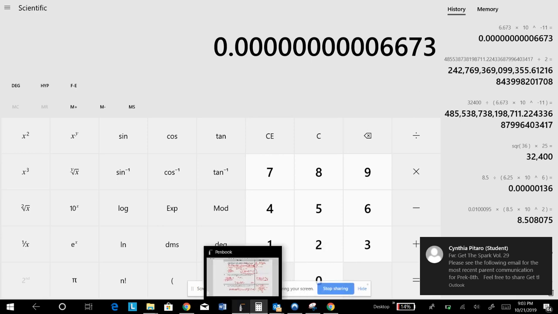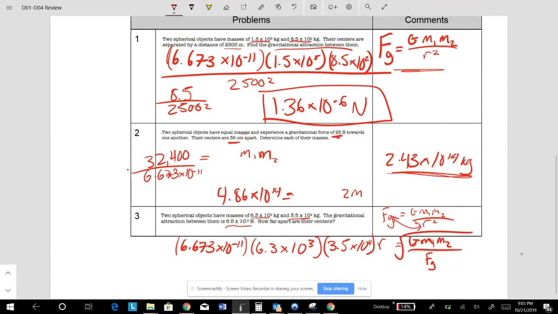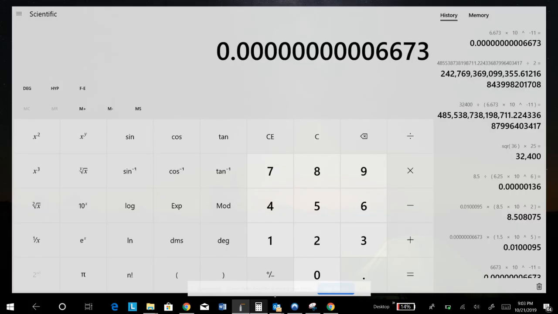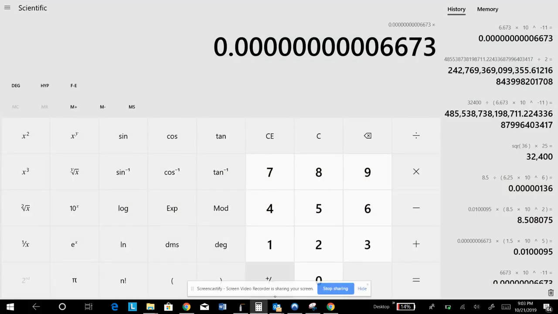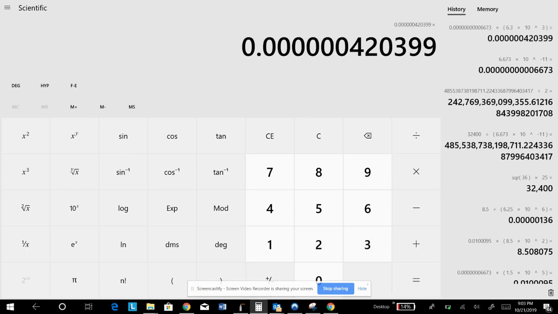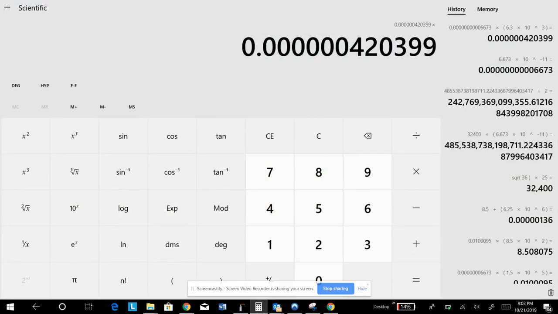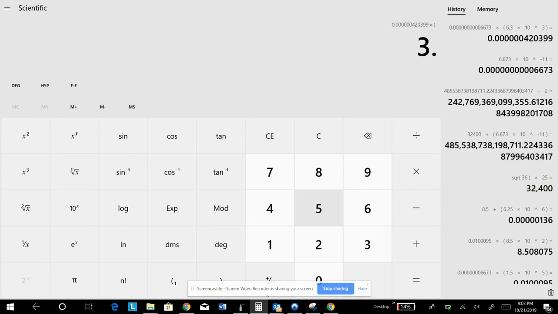And then we have 6.3 times 10 to the third. So it should be times 6.3 times 10 to the third. And then we're going to do one more where it should be 3.5 times 10 to the fourth. So then we're going to times that by 3.5 times 10 to the fourth.